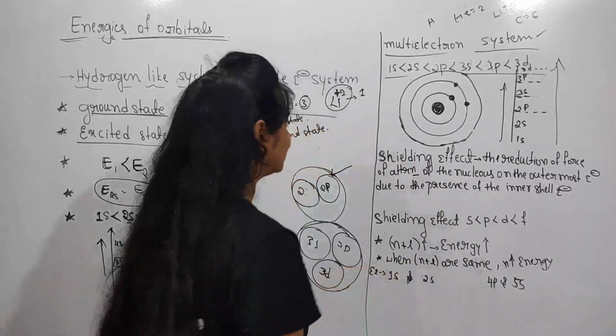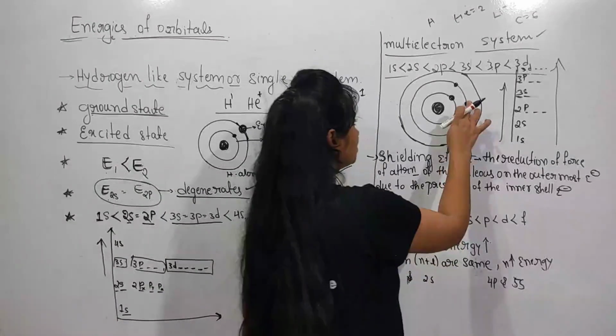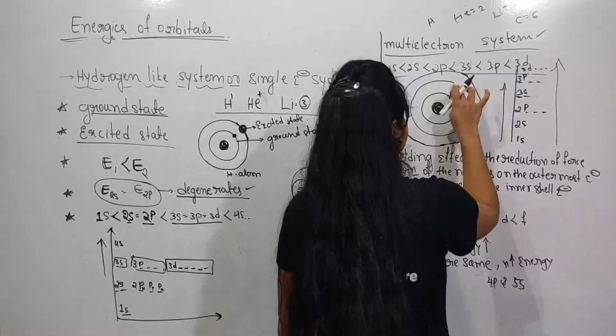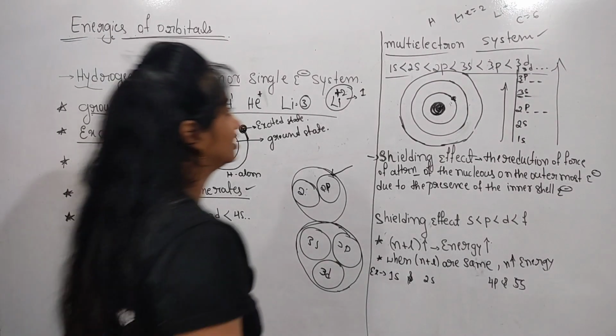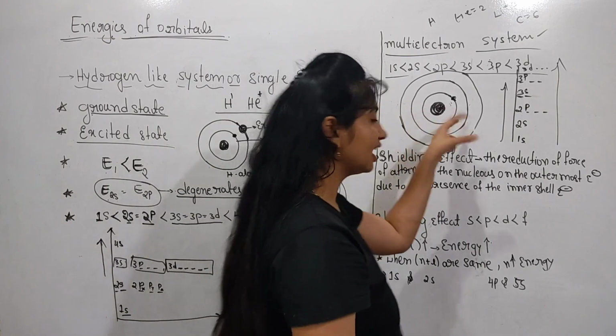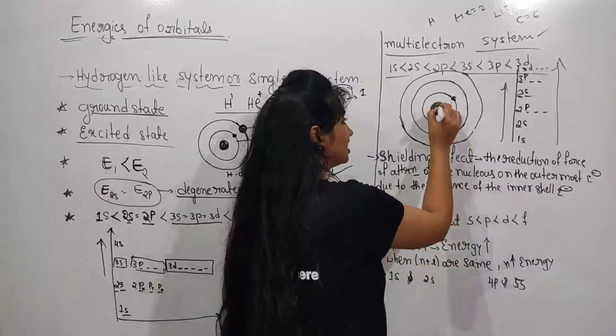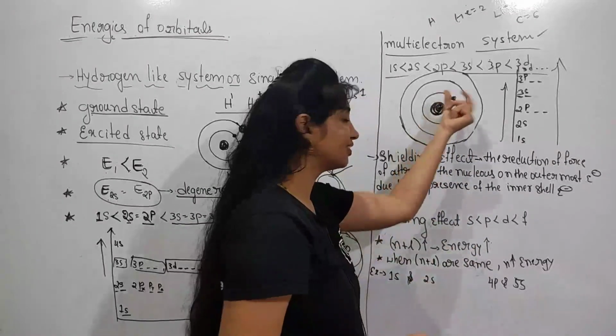So why are these energy levels totally different? Why do they increase one by one? See here, it is because of the shielding effect. Do you know the meaning of the shielding effect? Consider this is an electron. In this system the atom has a single electron. The nucleus has a positive charge and the electron has a negative charge.